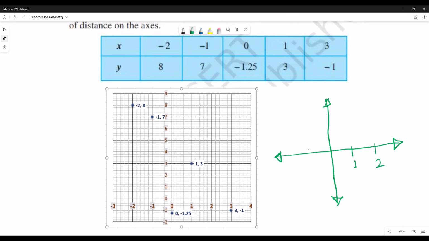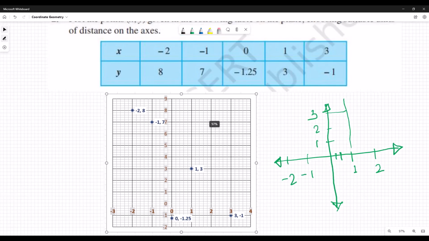Likewise you can do minus 1, minus 2, and then you can locate the point 1 and 3 somewhere. You can further divide, like 1 is 0.5, 0.25. From the number line system you know how to locate the point 1.25.